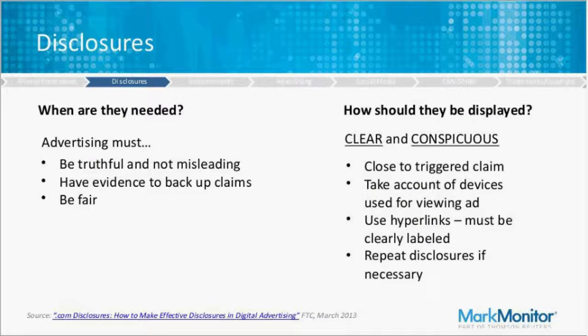The next one is disclosures. So these are essentially text that says, you've made a statement somewhere, and a disclosure is essentially giving more detail about that statement, right? And so whenever there's advertising involved, it needs to be close to that triggered claim.